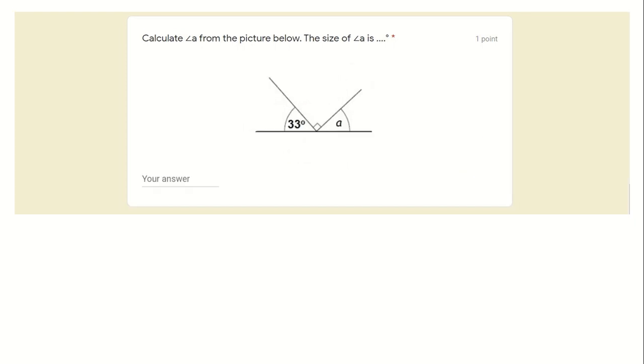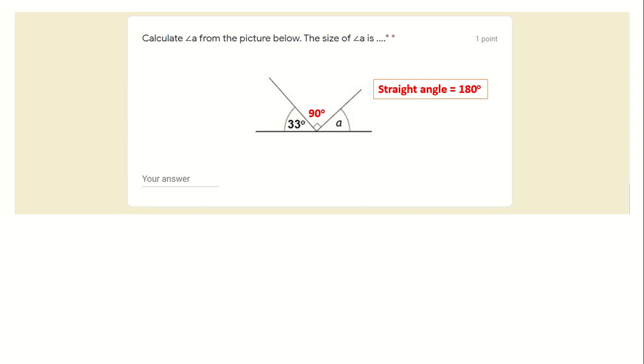Next, calculate angle A from the picture below. The size of angle A is ___ degrees. Take a look. These angles make a straight line, and a straight line must be 180 degrees. There is also an unknown angle, but if we see an unknown angle with this symbol, it is always a right angle, or 90 degrees.